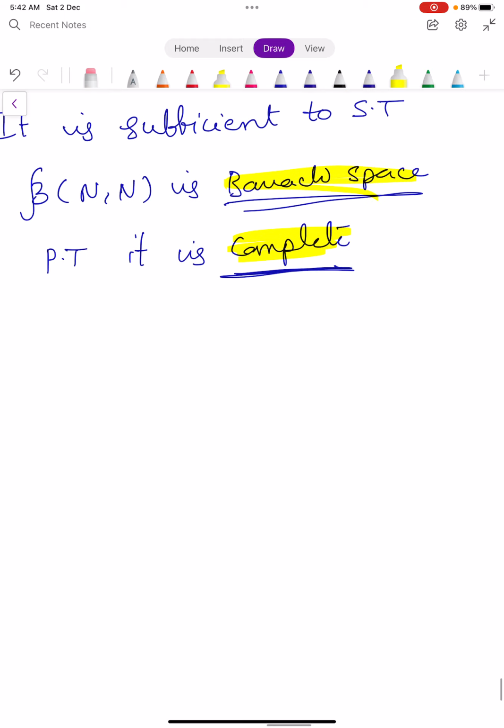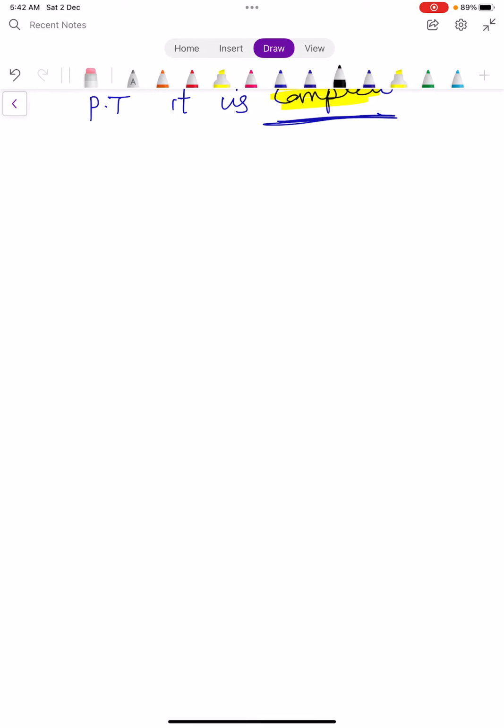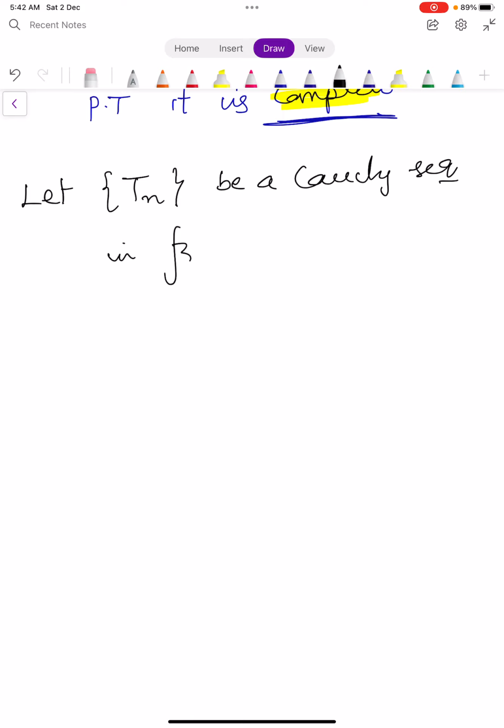To prove this it is a Banach space, define a Cauchy sequence. Let us take the sequence Tn be a Cauchy sequence in script B of N comma N dash.